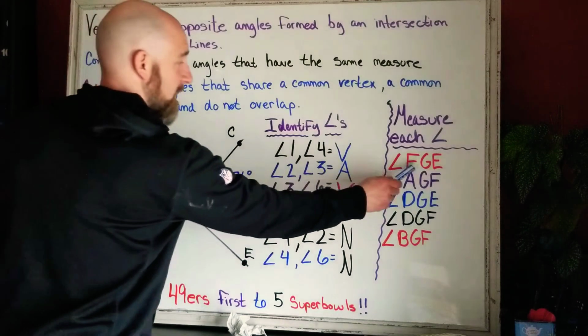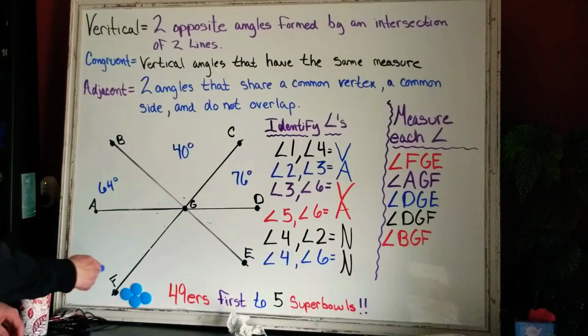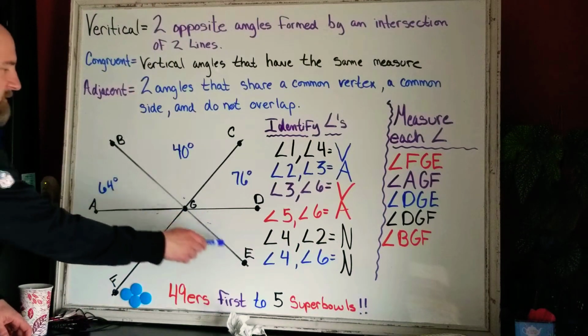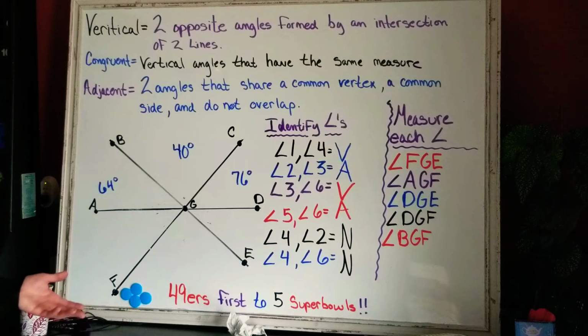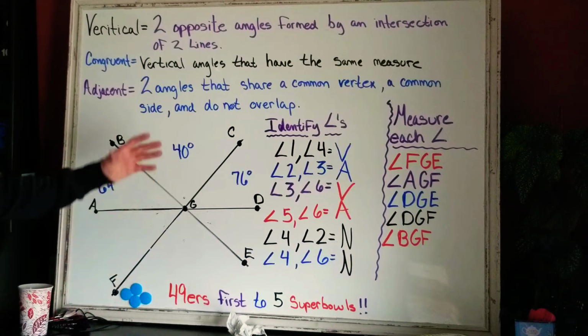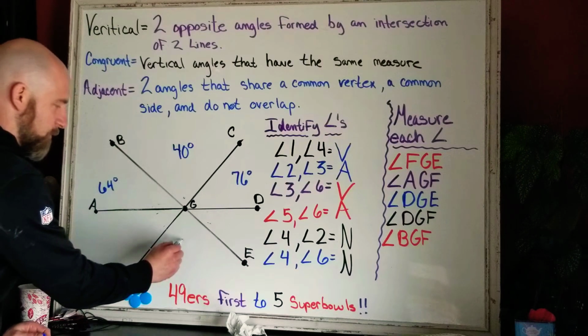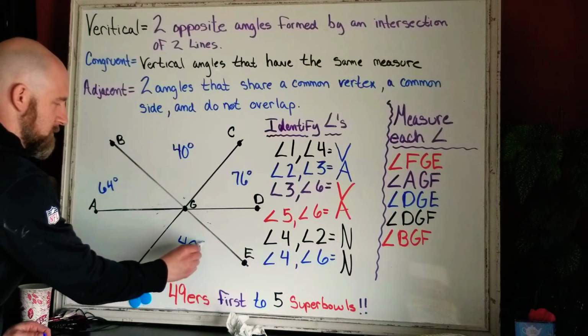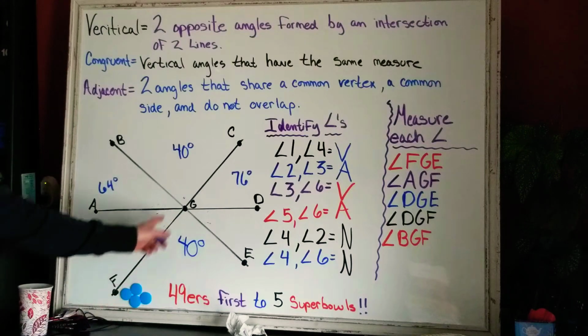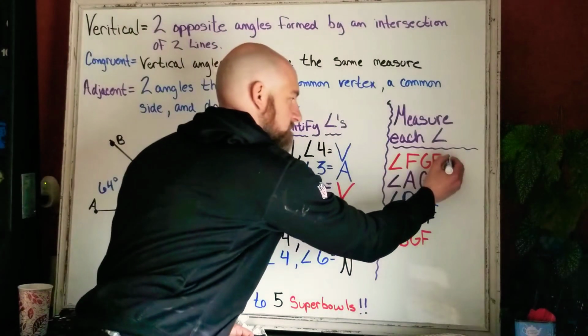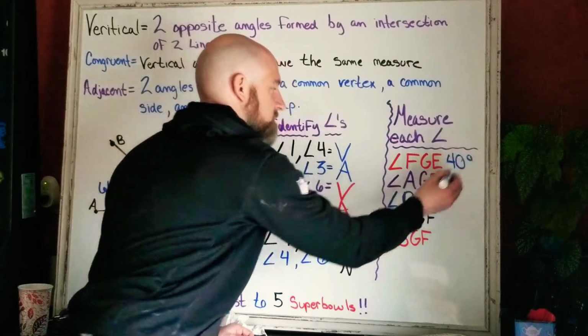So if we look at angle F, G, E, so we have F to G to E. What do you think that would be? Well, if you look at its opposite, what does that tell you? It is how many degrees? It'd be 40 degrees. All right, so that's filled in. So FGE is 40 degrees.